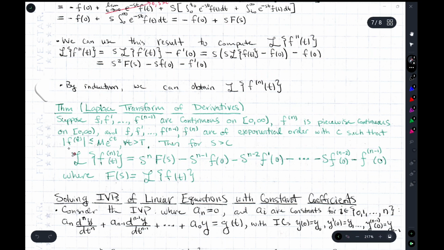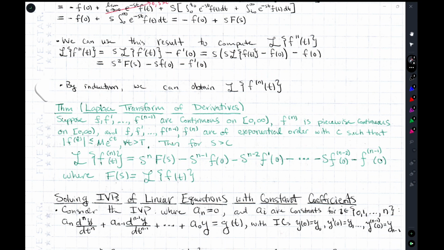So for all the derivatives, including k equals 0, which is just the function. Then for s greater than c, the Laplace transform of the nth derivative is this formula here, where F of s is just the Laplace transform of that first function.